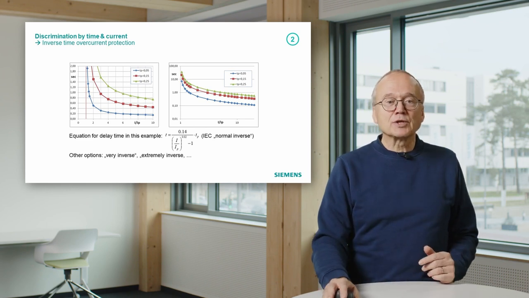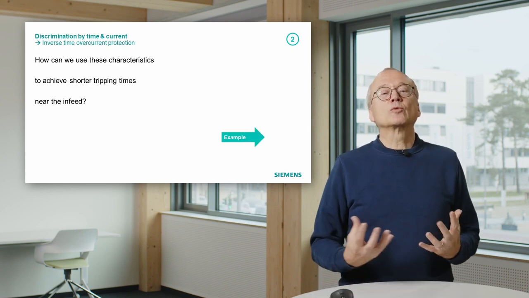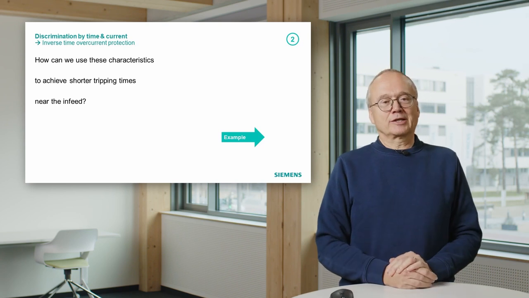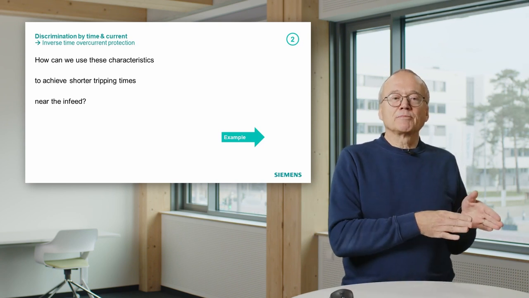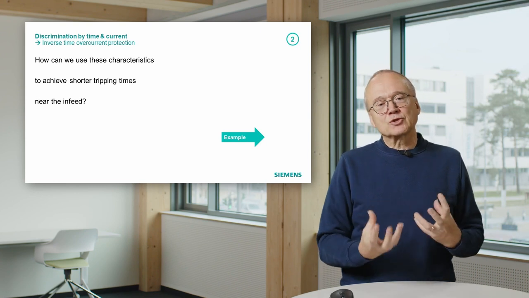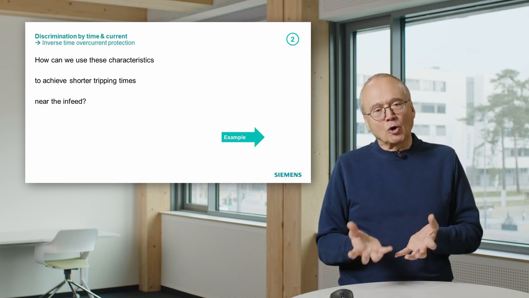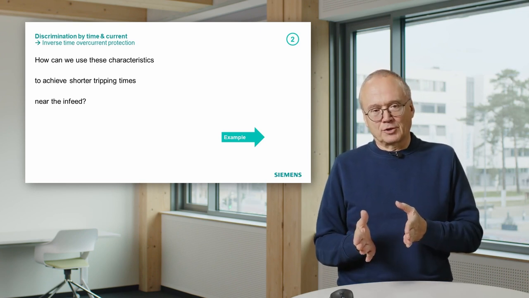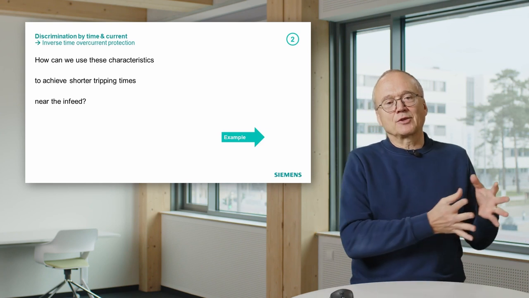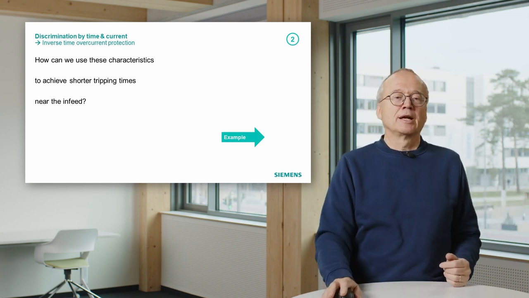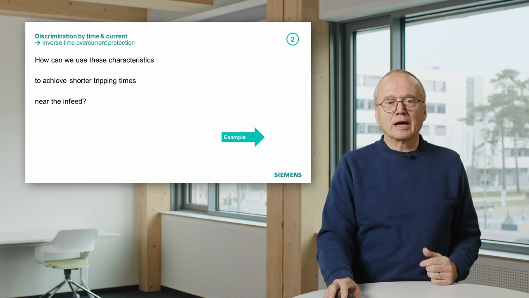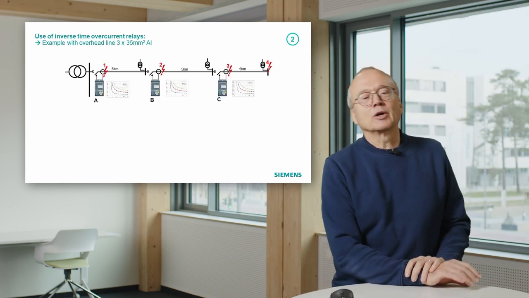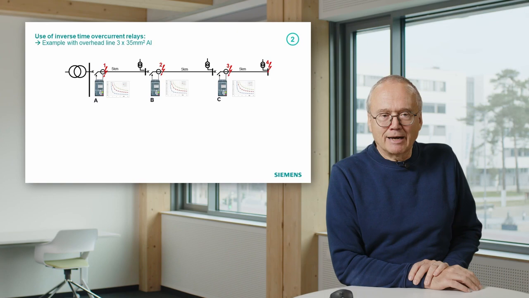For us, the question is, how can we use this type of characteristic to achieve shorter tripping times near the infeed? That means to compensate a little bit the problem we have with definite time overcurrent relays, that the tripping times near the infeed are pretty long. And to illustrate how that works, I would like to show this example.